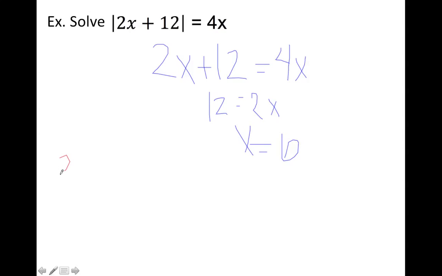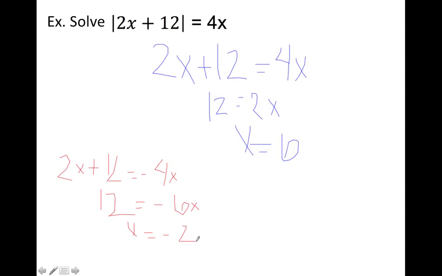Again, you take what is inside your absolute value, keep that the same, and whatever's on the right-hand side of our absolute value, you make that negative, so we get negative 4x. And then you solve it out. Again, I'm going to subtract over the 2x, so we'll have 12 equals negative 6x. Then we divide by negative 6, and we get x equals negative 2.